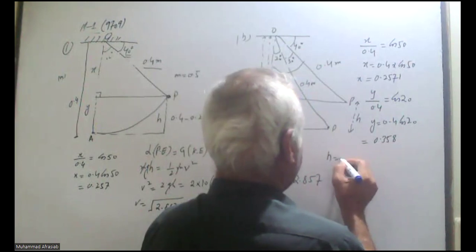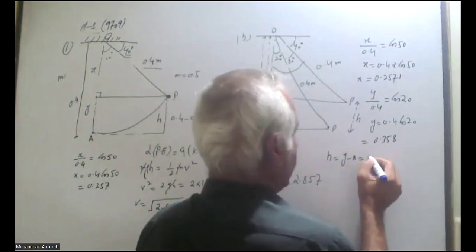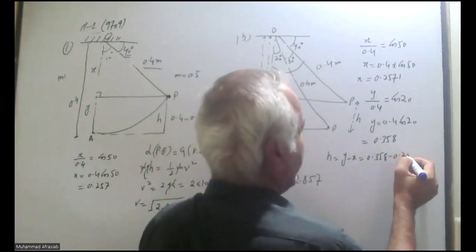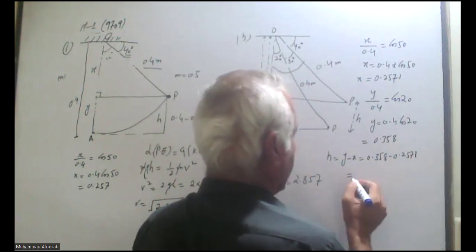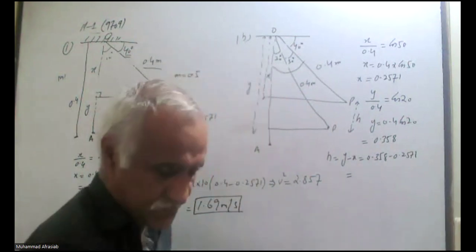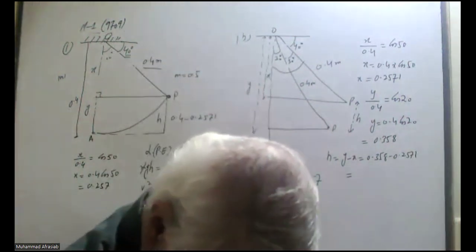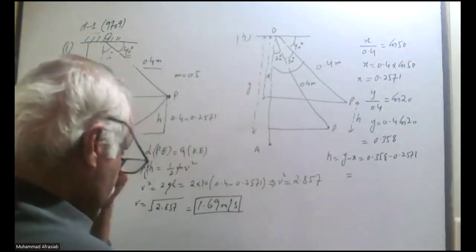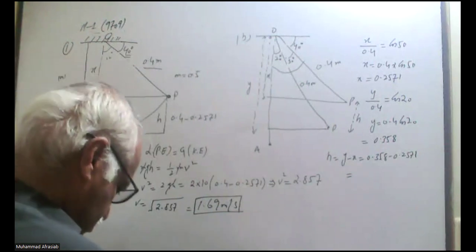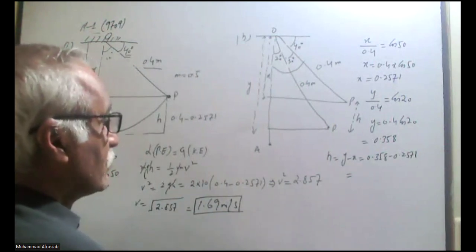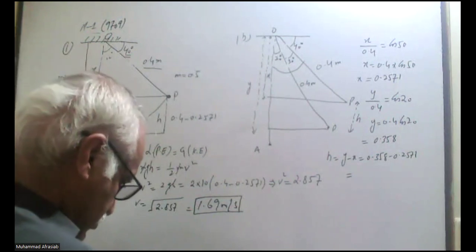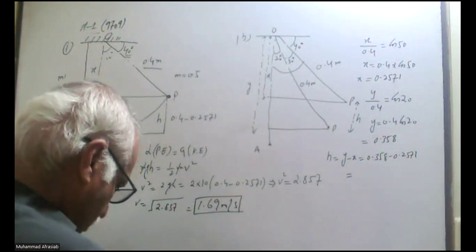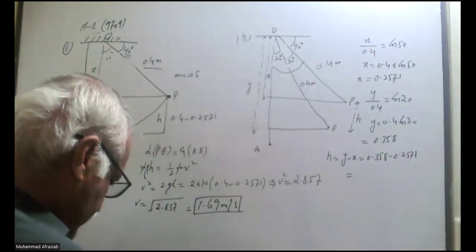So the actual height is y minus x, that is 0.358 minus 0.2571, and that thing is equal to 0.1008.